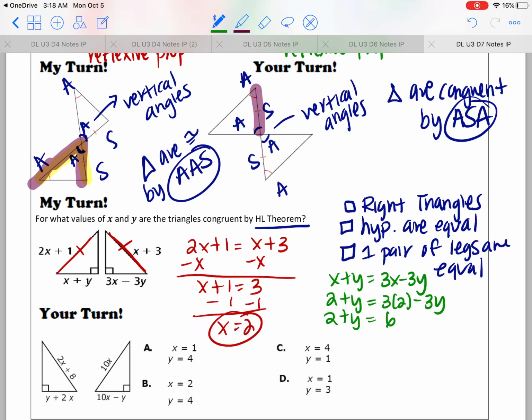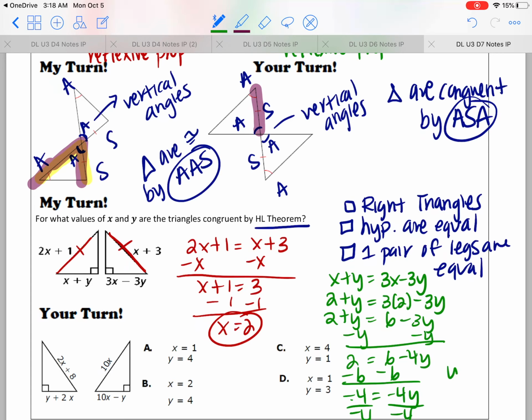So this is 2 plus y equals 6 minus 3y. Then we combine the y terms: 4y, negative 4y. 2 equals 6 minus 4y. Then subtract 6 and you get negative 4 equals negative 4y. Divide by negative 4 and y equals positive 1.